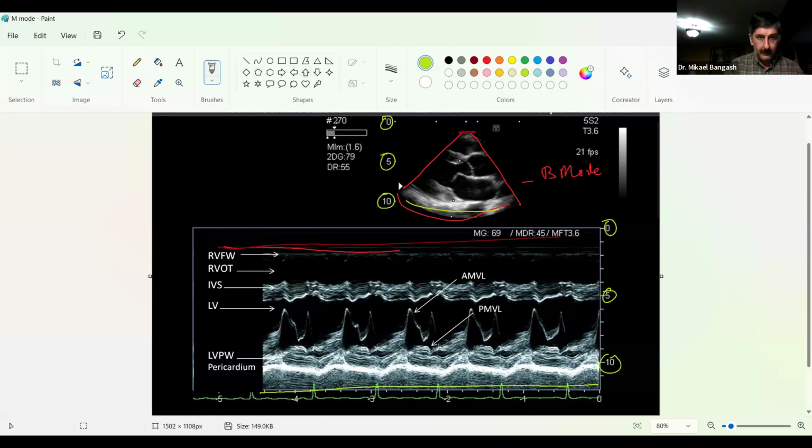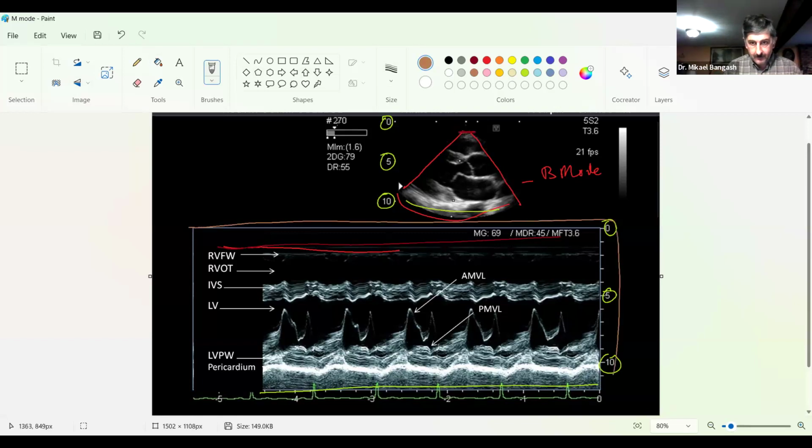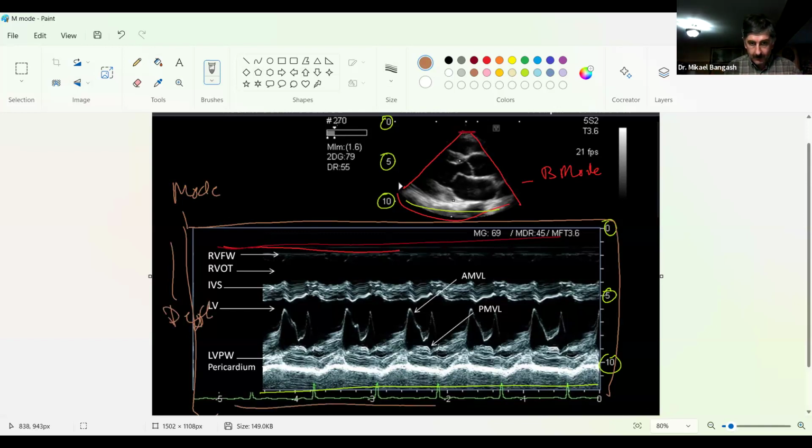But this graph here, guys, that is actually your M mode. So this will be depth, and this here will be time.